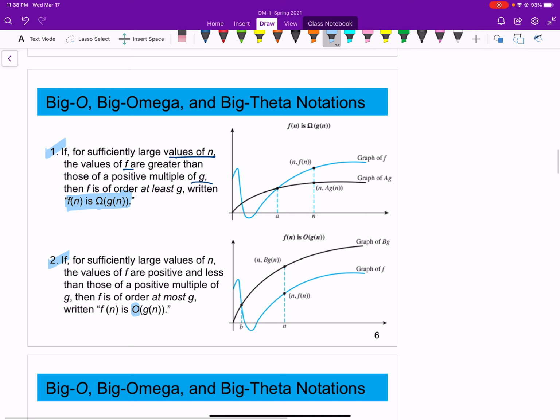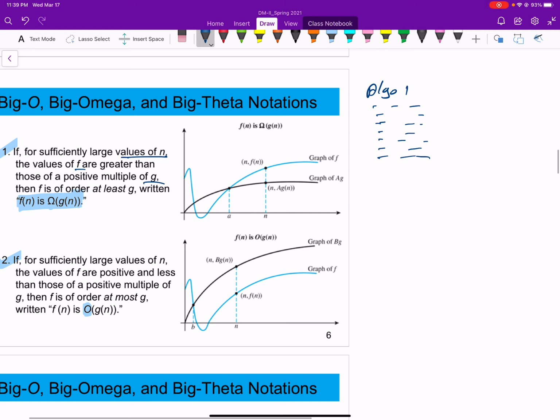Let me explain that. I can easily explain this one by using this graph. Let's say you have a function f which gives you the computational complexity of an algorithm. You have an algorithm, so that algorithm has these steps. You can compute the complexity of this algorithm as f.